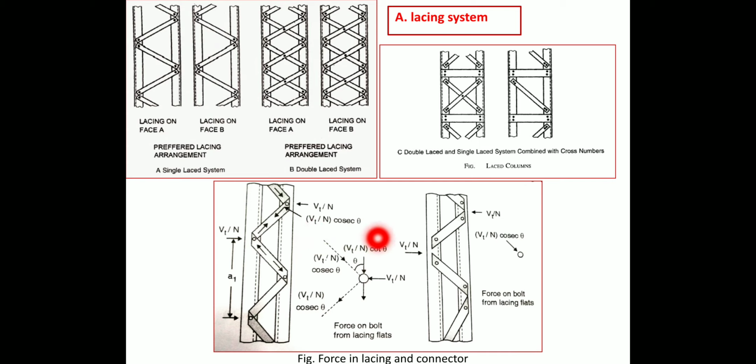Then we can go through this intermediate figure. Here the lateral force is Vt by N, and the vertical force is Vt by N cot theta, with an angle of inclination theta. Therefore the force on the bolt from the lacing flat bars we can find out with the help of this figure.